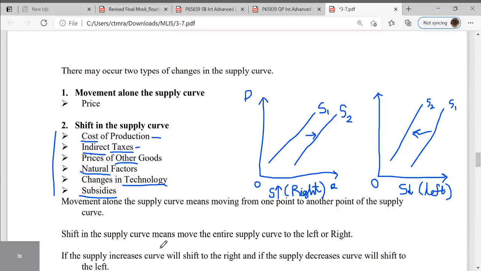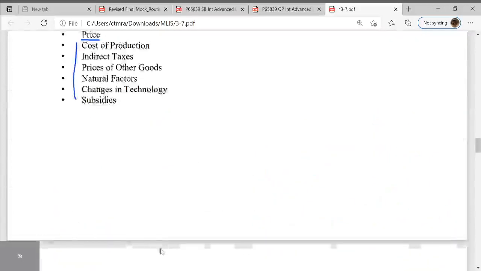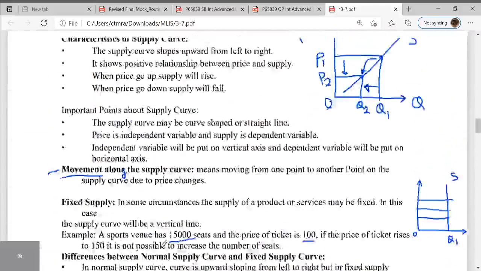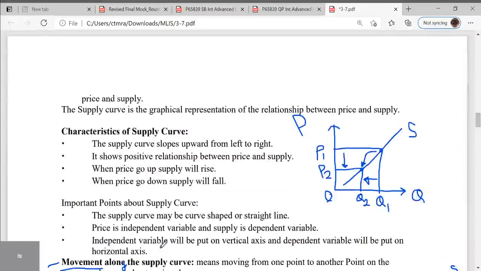Yes, there will be a rise in supply, right? So which graph will represent the situation? This one, right? A change in price will lead to a movement along the supply curve. But this is showing a downwards effect on price, so it will be the opposite one, very similar to this graph.